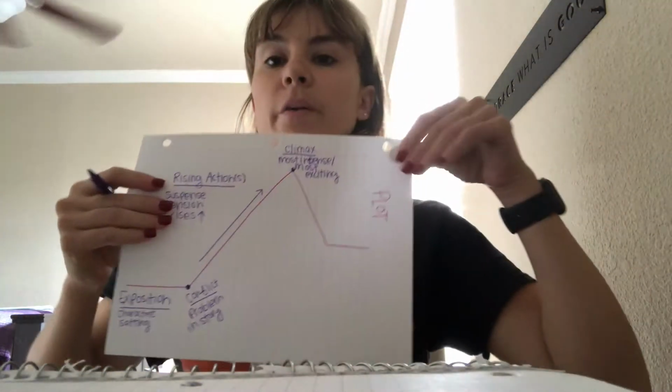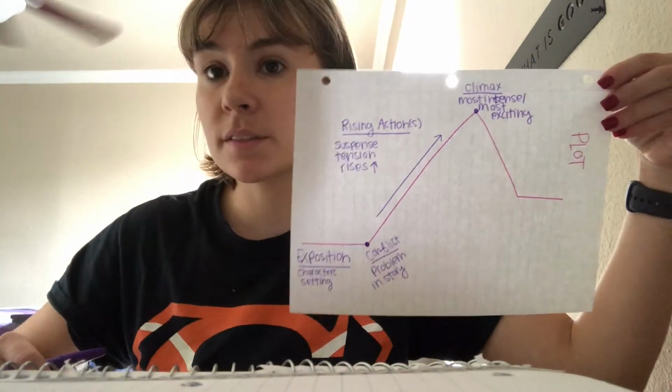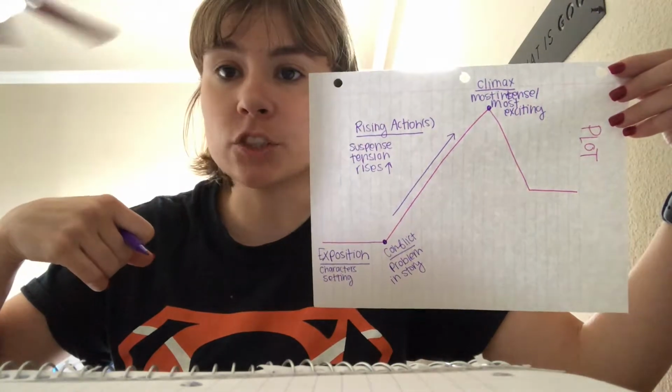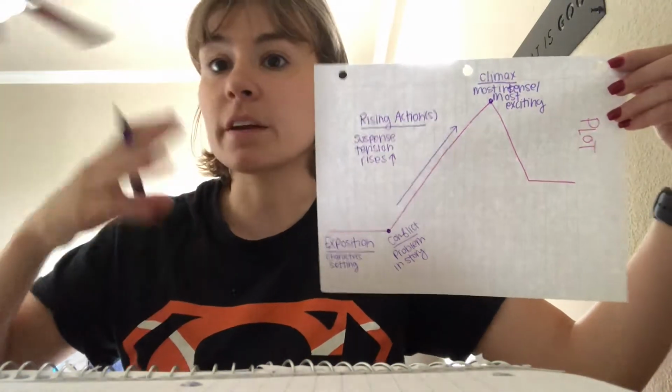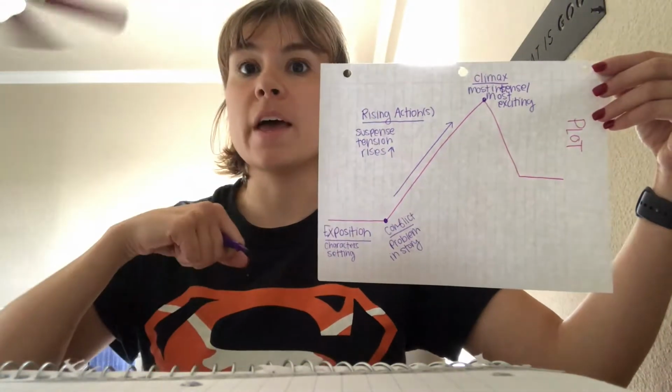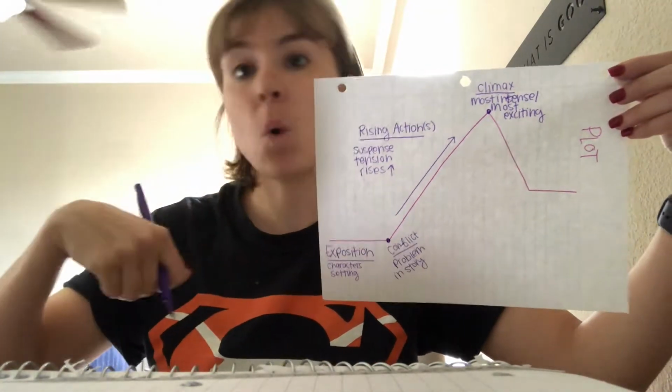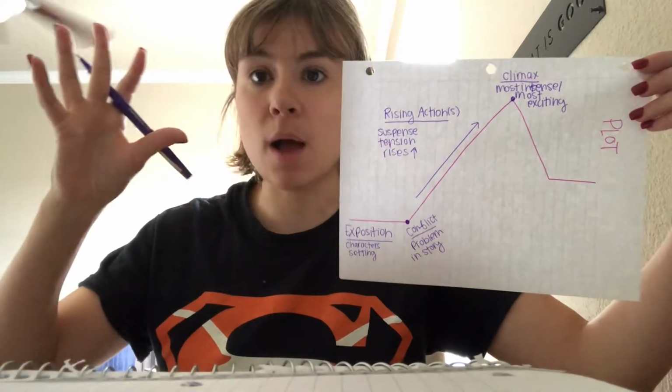Most intense and most exciting part of the story. Okay? So think of like Transformers movies when all the explosions happen and all the Transformers come together. Or think of Harry Potter movies when the big battles happen with the magic wands and all the magic and all the drama is happening all together all at once.